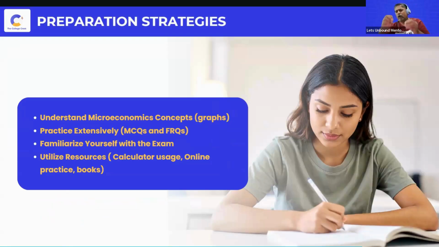Similarly, out of the 34 marks that you have for FRQ, you must be scoring at least 20 marks on the FRQ section as well. That will enable you to score overall something in the range of 65 plus or maybe 70 plus. So getting 70 plus as a raw score will definitely help you secure a grade 5 on this test.